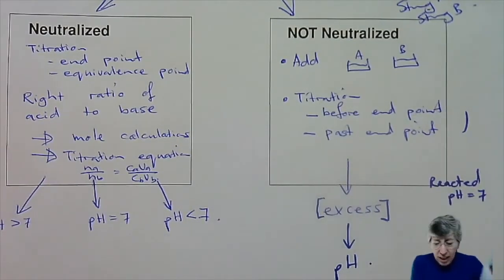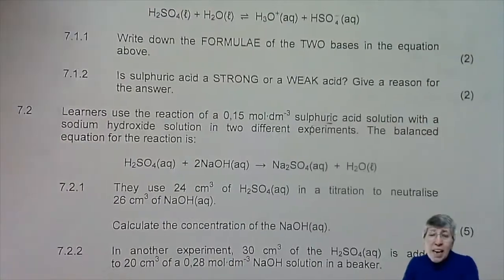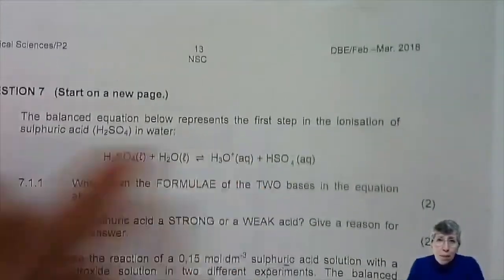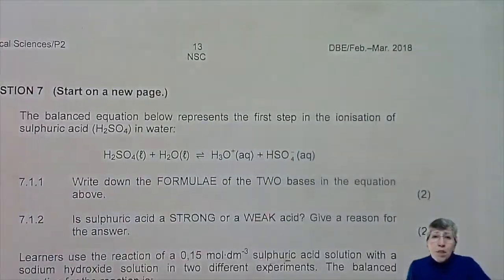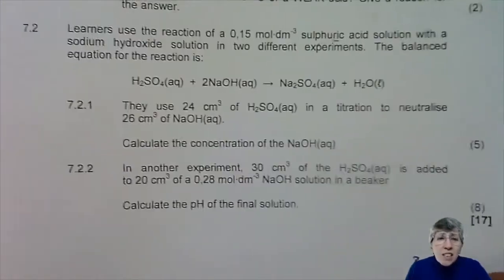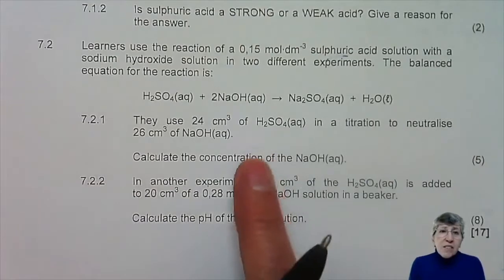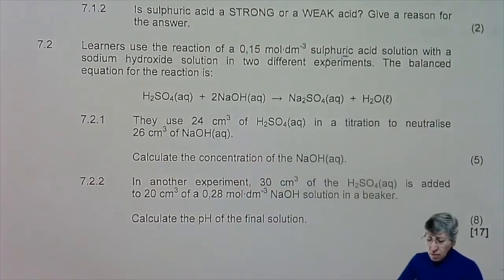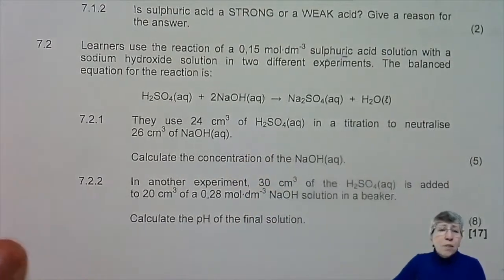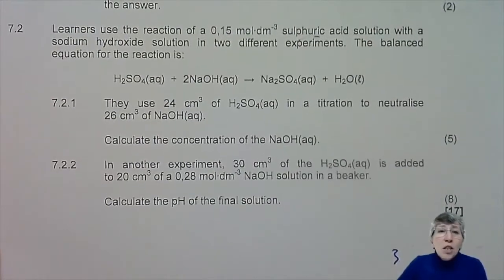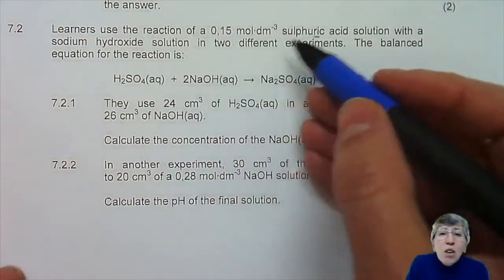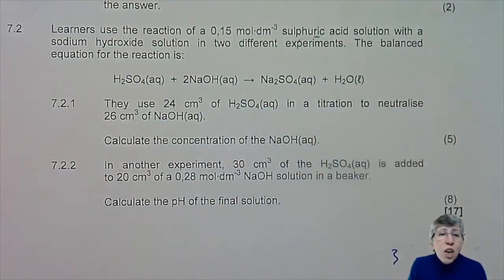Now let's look at the 2018 supplementary paper. When I look at this, I am going to focus now on 7.2. Let's look at that first one. The learners use a concentration of sulfuric acid solution with a sodium hydroxide solution in two different experiments.